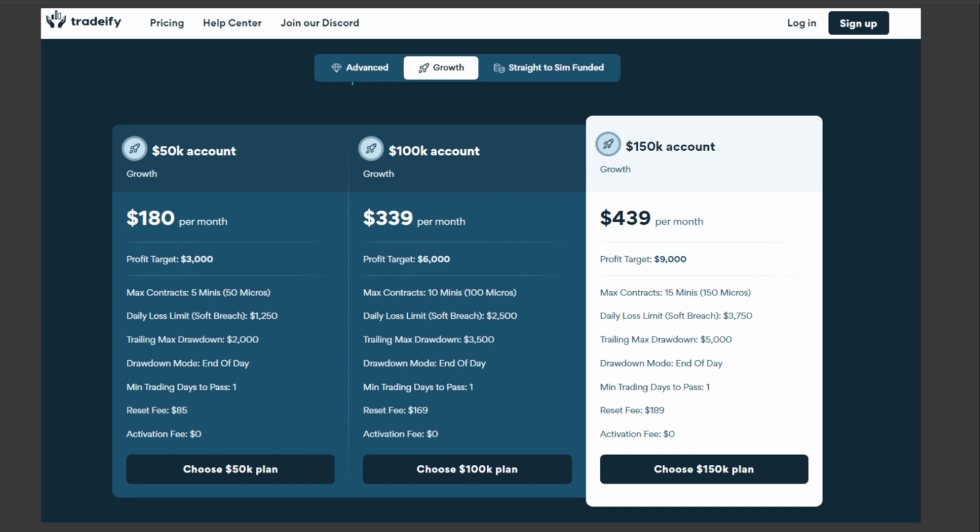And only a screenshot of the website, because other than the normal growth account with the trailing max end of date drawdown, you can choose the advanced accounts. The upfront cost is cheaper, but then you have to pay an activation fee compared to the growth accounts. And also they have straight to sim funded accounts, so you skip the evaluation phase altogether.